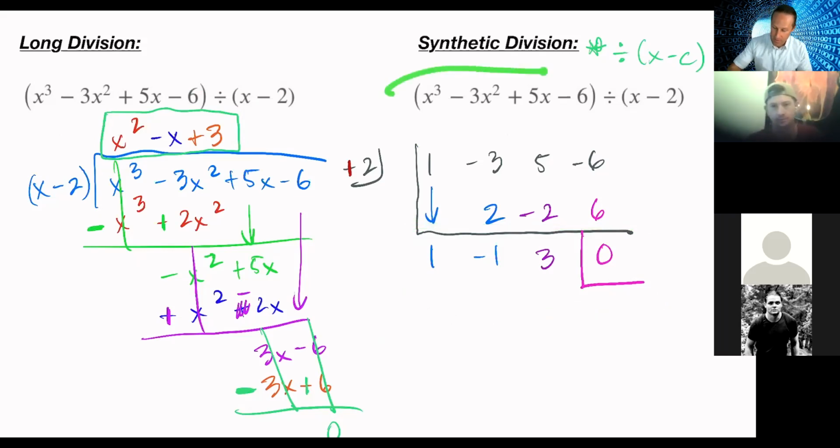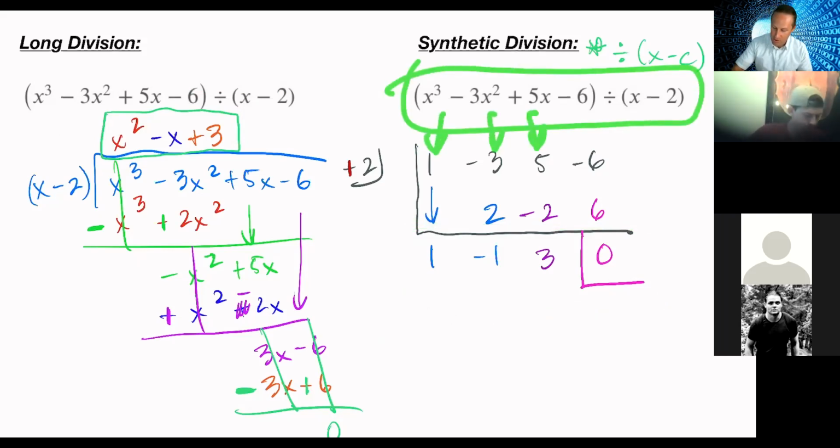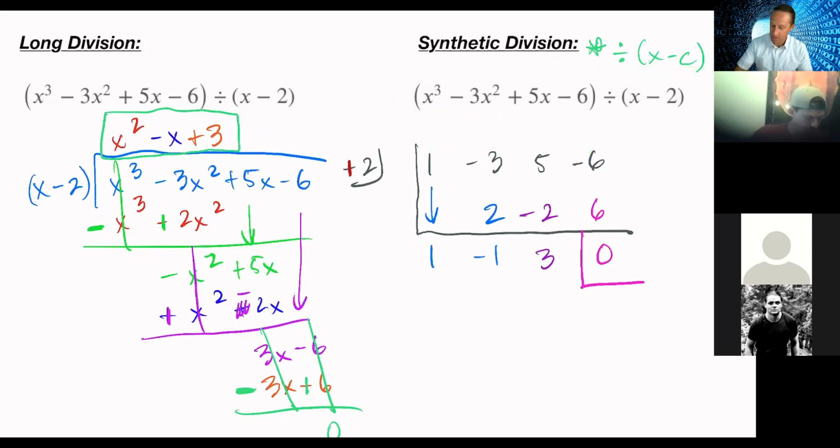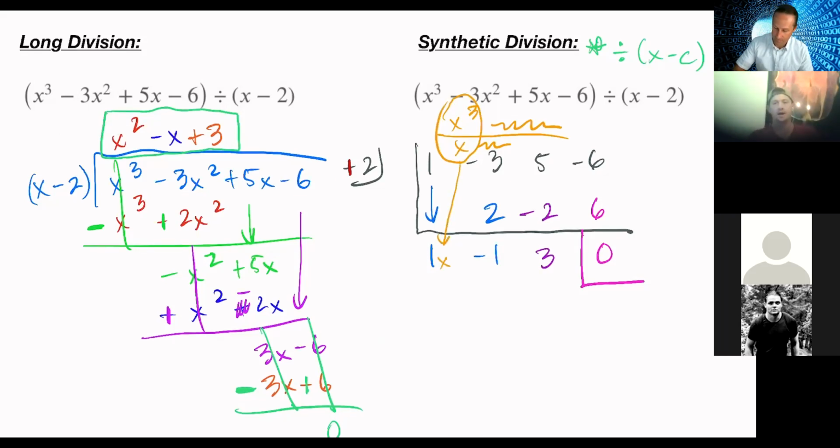But remember, at the very beginning, we got rid of all of our x's and just took the coefficients. So then guess what we have to add back in to give the answer. The x's. But how? With what? Well, remember up here, we had x cubed and some stuff, and we were trying to divide it by x and some stuff. And we said that x cubed divided by an x would be x what? Squared. And then everything on down to none.